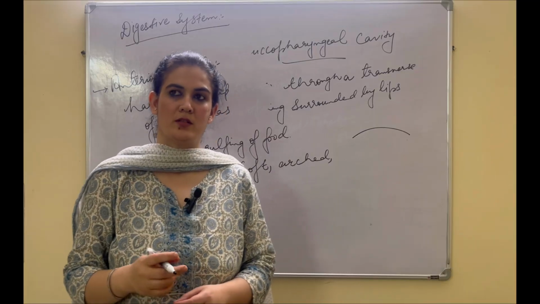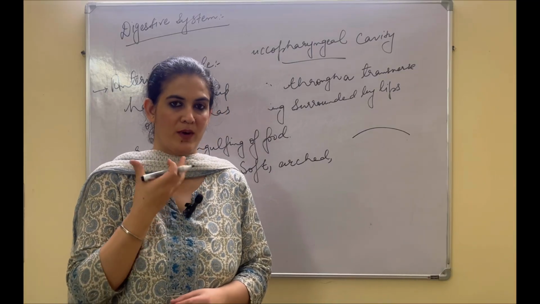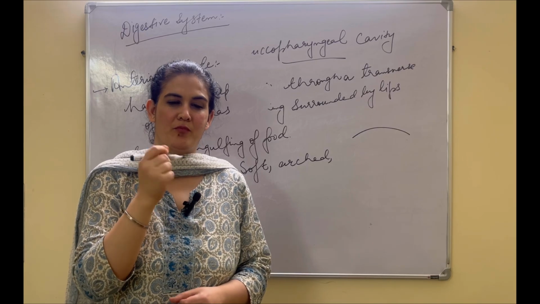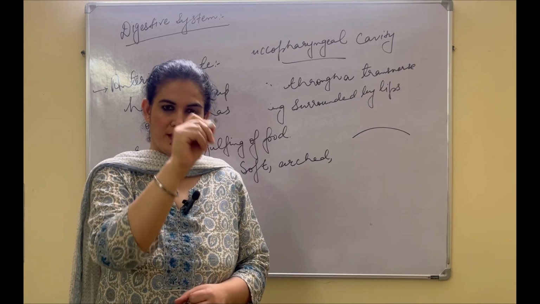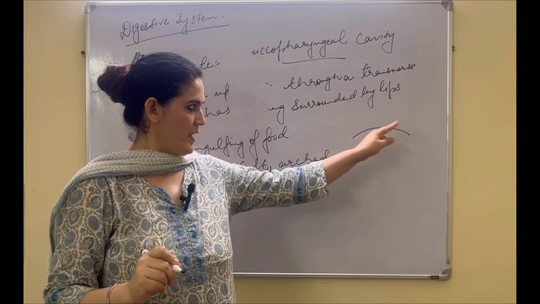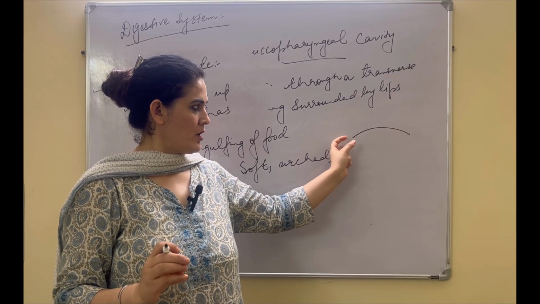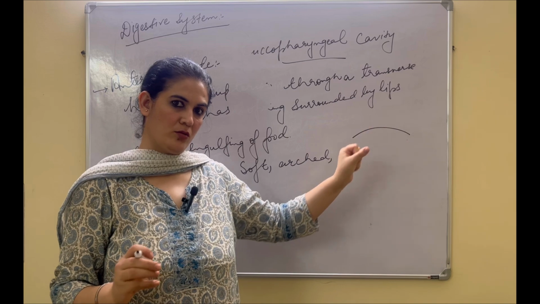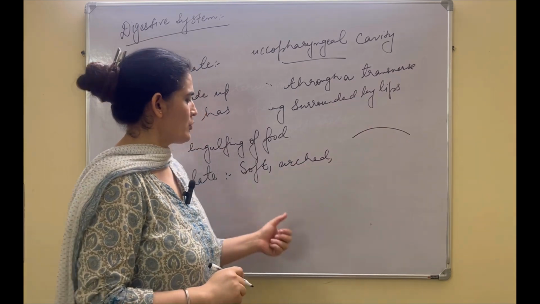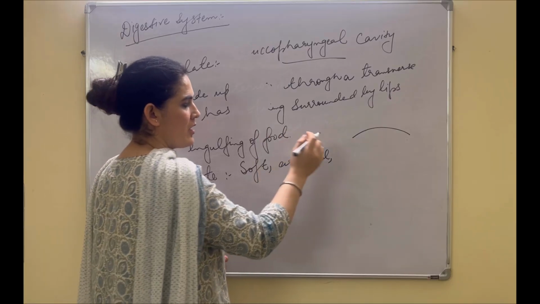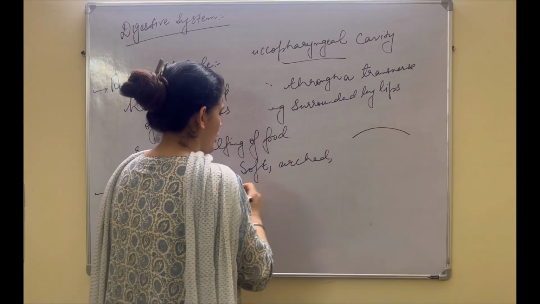Students, if you look at your mouth, this buccal cavity, in a mirror, you will find at the back end it's arc shaped like this. You can say it's dome shaped.